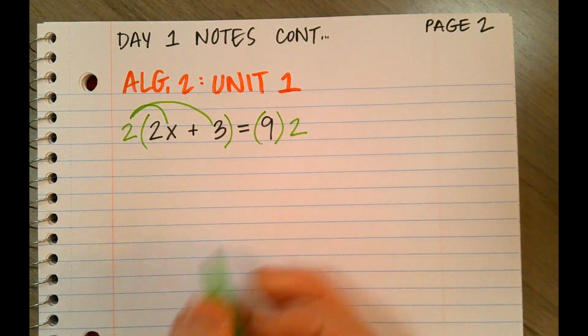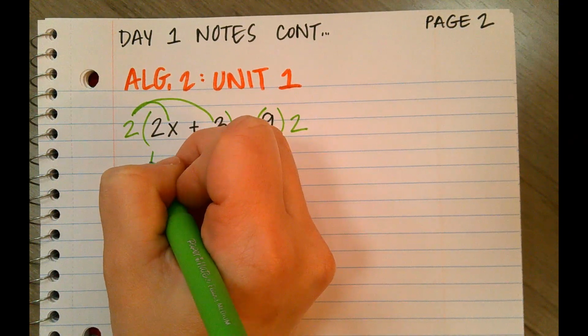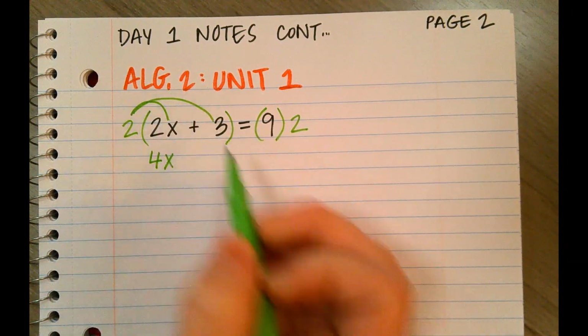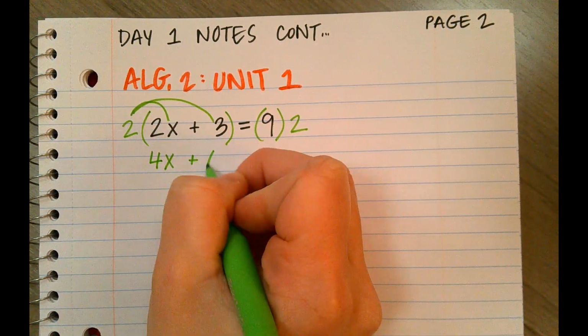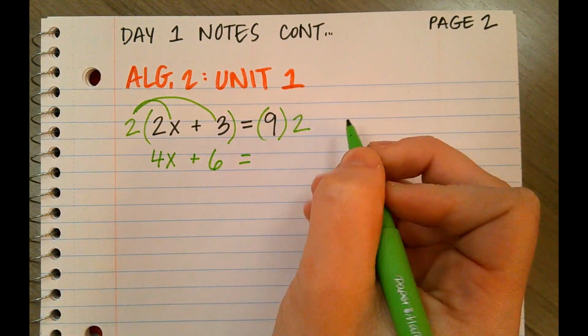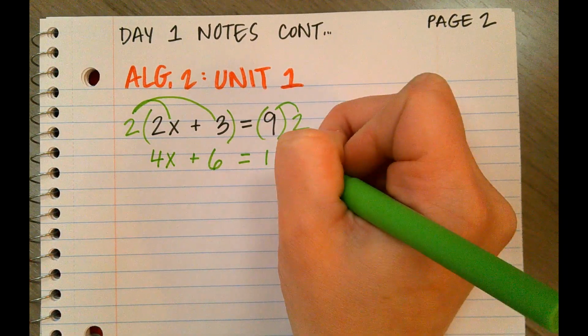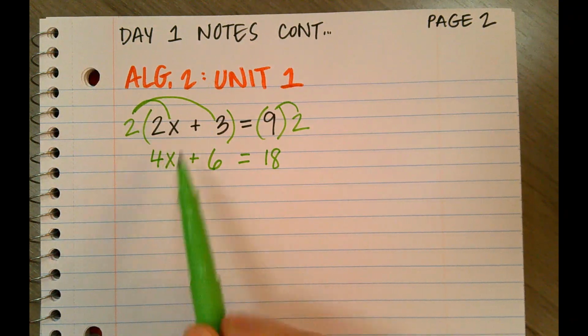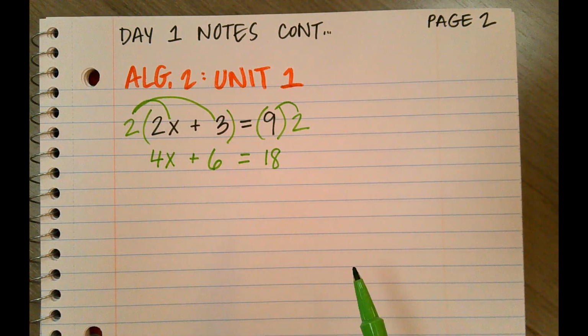So 2 times 2x is 4x. 2 times 3 is 6. Bring down equals. 9 times 2 is 18. Okay. Now, to prove that these are the same equation, if we solved both of them, we'd get the same x value.